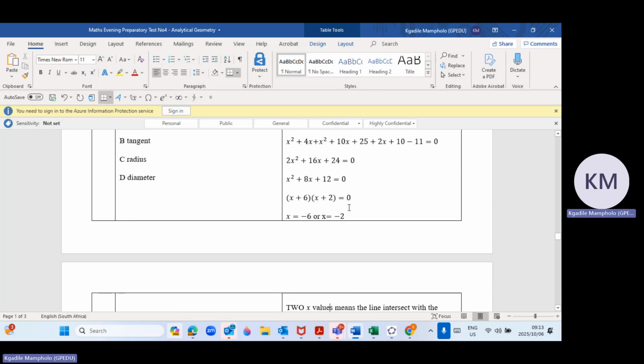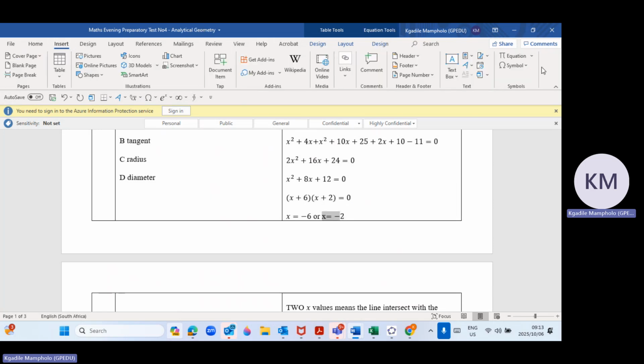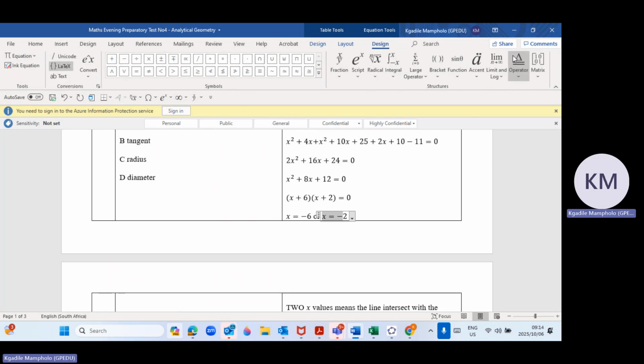Now, here you get 2 x values. The 2 x values mean that the line touches the circle twice. If we have 2 x values, it means the line touches the circle twice.